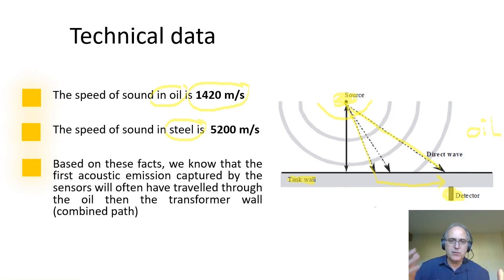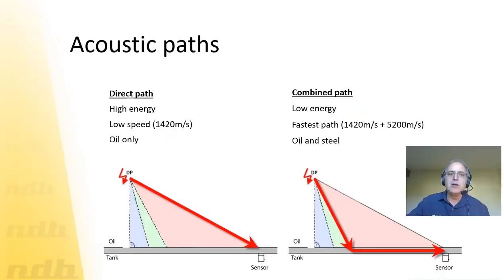So we may have 2 different traveling paths for acoustic. One will be traveling in oil, and the other one will be traveling in oil and steel. So we call it the combined path. The direct path is only traveling in oil.